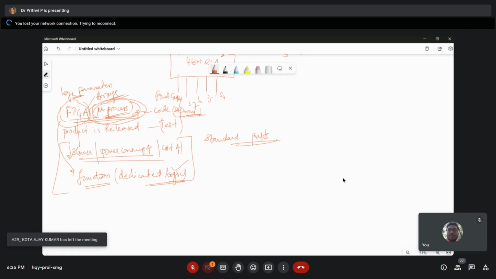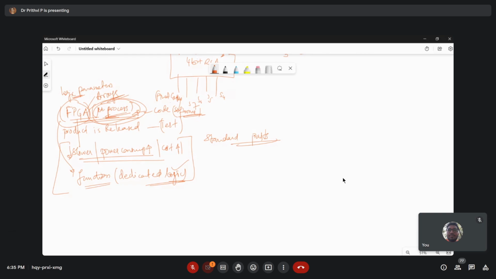There won't be any waiting time for obtaining a working chip. Before the design is released into the market, we can have a prototype readily available by programming the logic on an FPGA. They are simple prototyping vehicles.